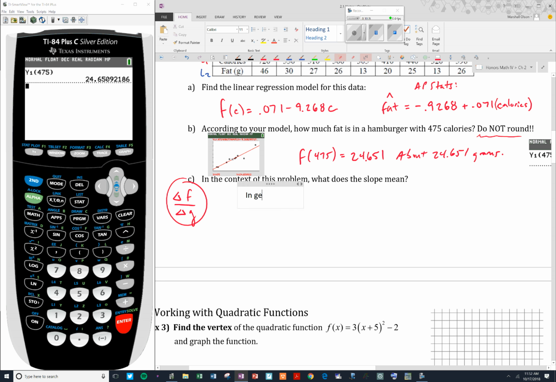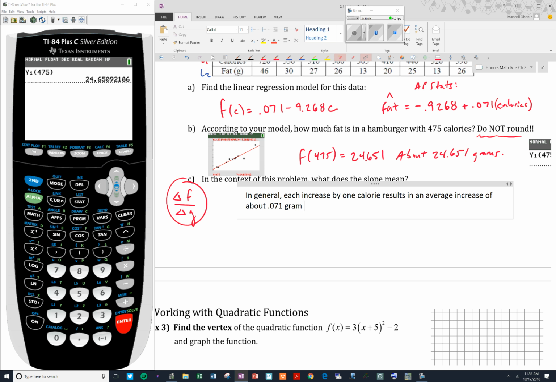In general, each increase by 1 calorie, so that's saying by each change in g, so I'm kind of explaining what the denominator means, by 1 calorie results in an average increase, slope is the average rate of change, of about 0.071 grams of fat on average. That's what that slope means.